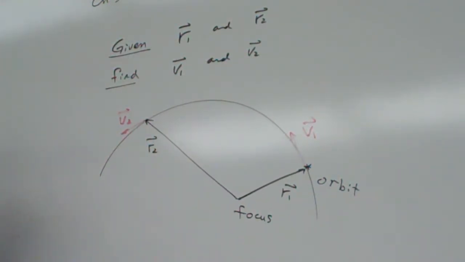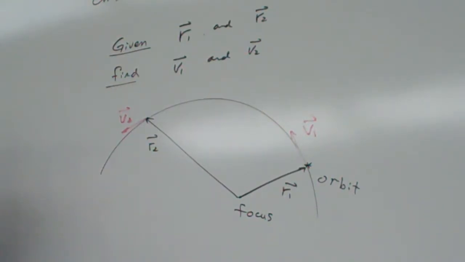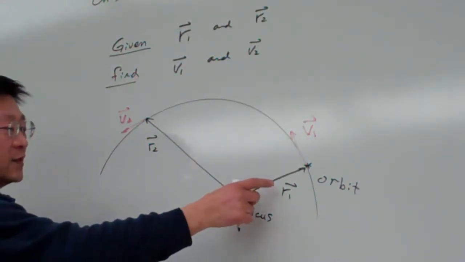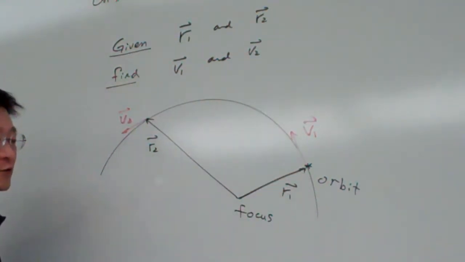You're going to intercept something, for example enemy missiles, or you're going to rendezvous with the International Space Station in its space orbit. In this way, you know R1, that is the location of the launching site.